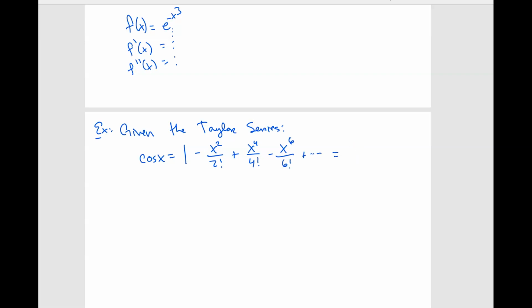And this is equal to the sum from n equals 0 to infinity of negative 1 to the n, x to the 2n over 2n factorial. Okay, so let's say we had that.